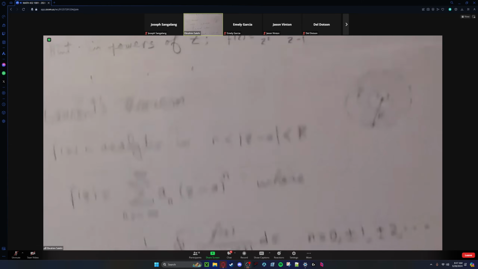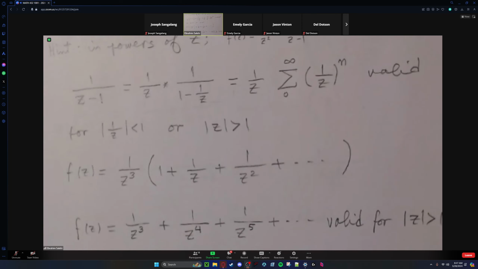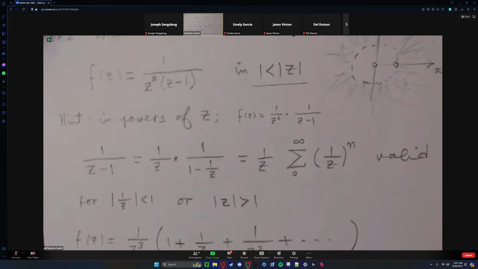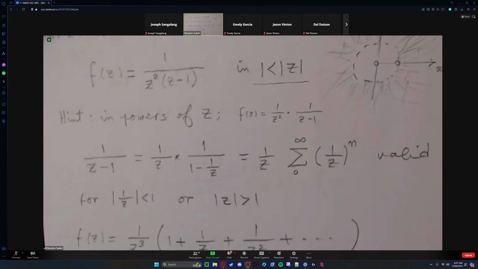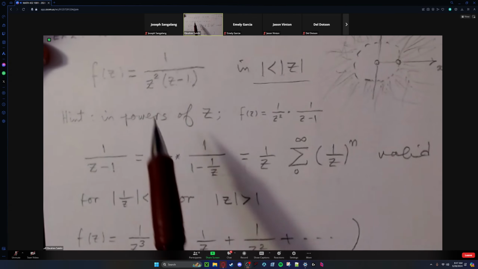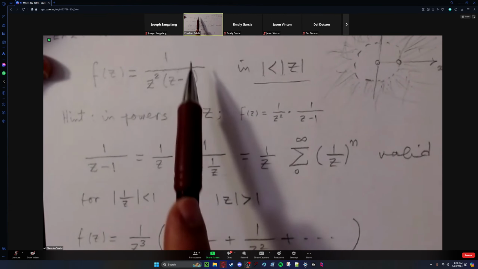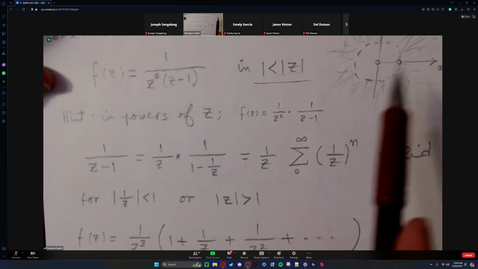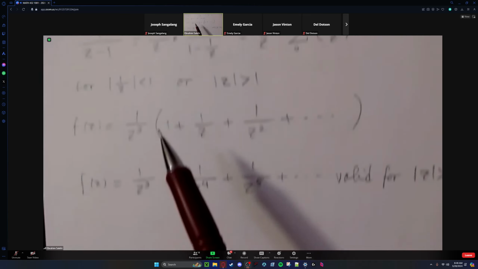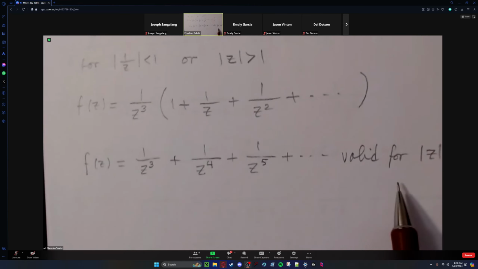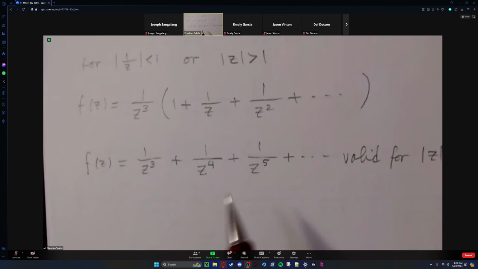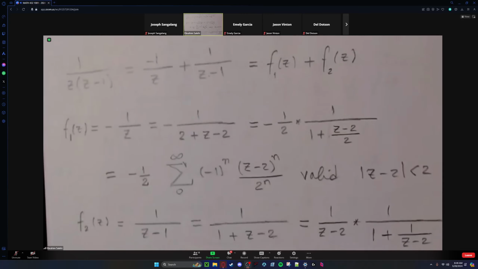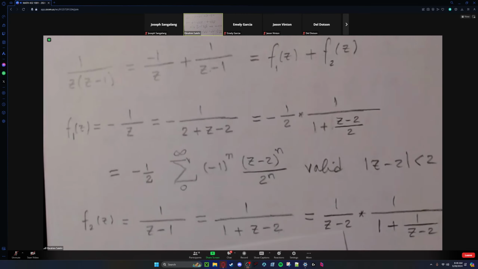Here's an example where we want to write the Laurent series in powers of z, which is valid in this area. And when you write that Laurent series, you get this, which means all negative powers.